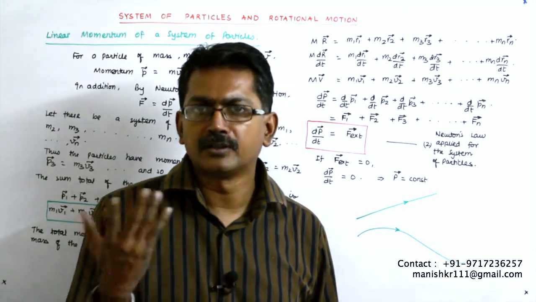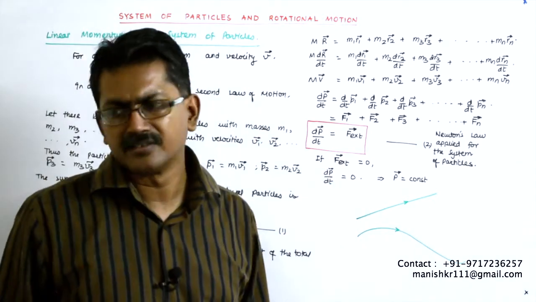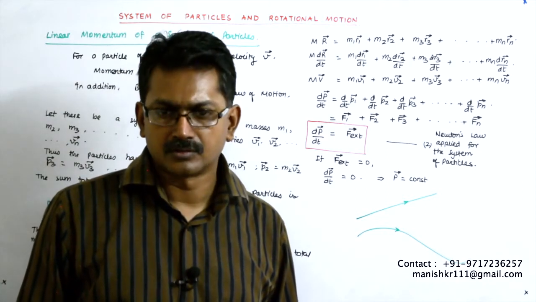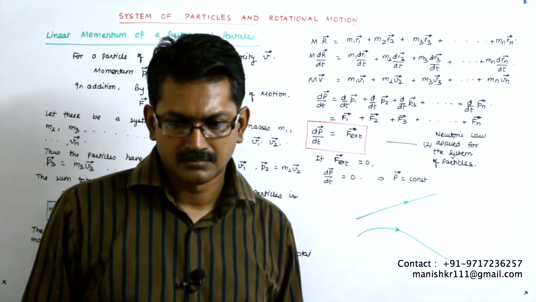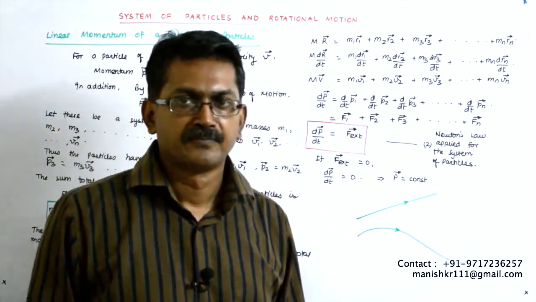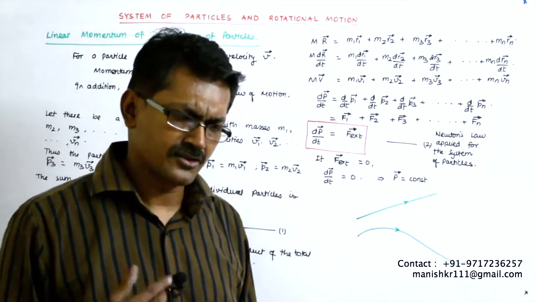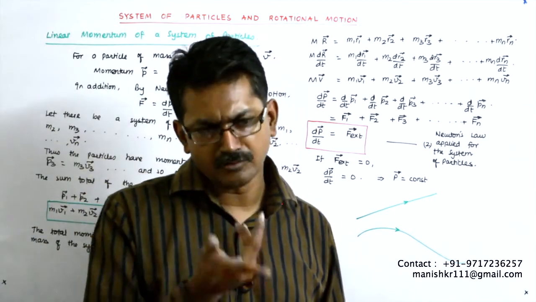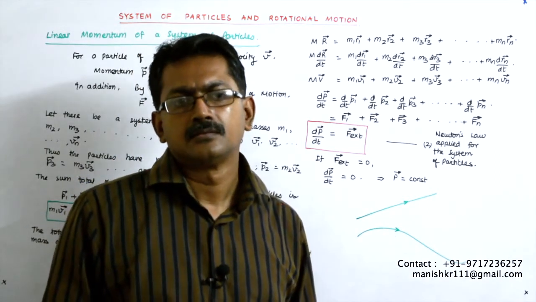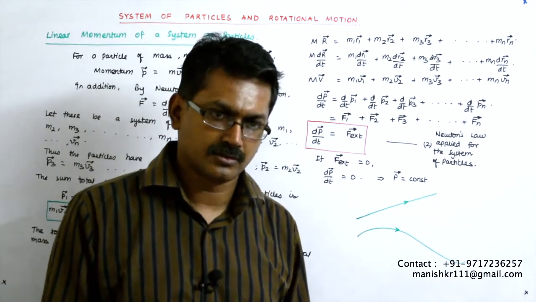Because without a net force, it will not change its direction, right? Newton's first law of motion. They call it inertia of direction, but the inertia of motion actually tells you that a body at rest or in a state of uniform motion.